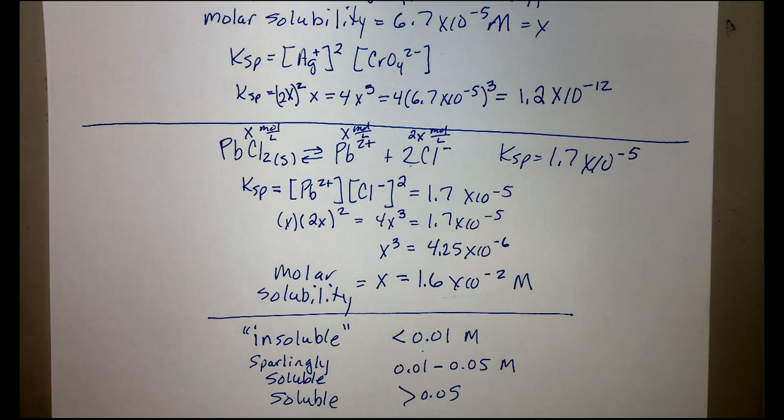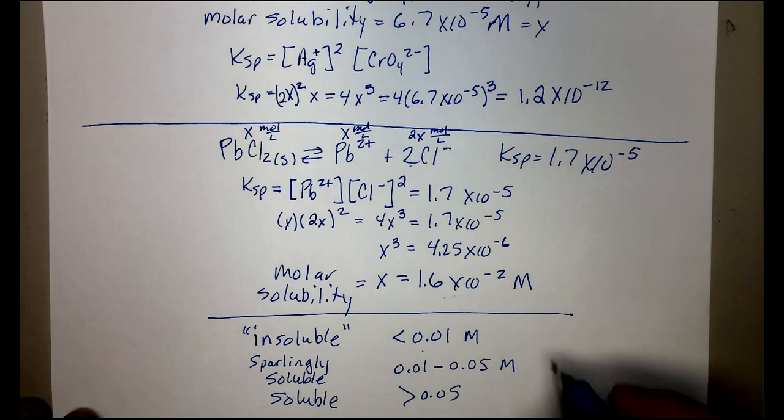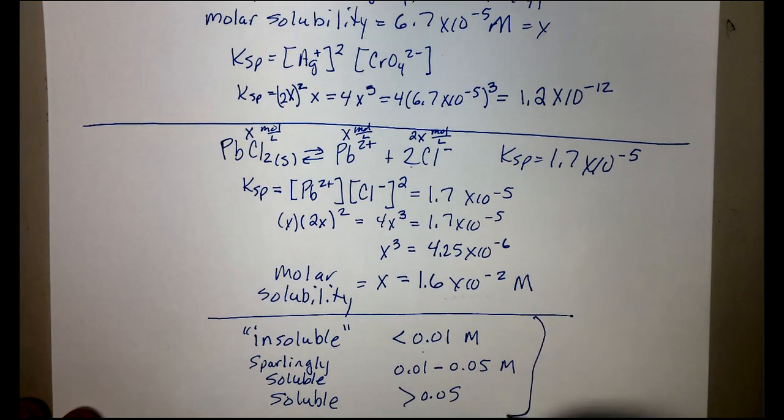So what you've got to realize is it's more of a sliding scale than hard and fast black and white principles. And go back to this first semester material and review our discussion of solubility in water, because that'll give you some good principles of what should be soluble and what shouldn't be. Things that are insoluble or sparingly soluble are going to be the ones we work these types of problems for.